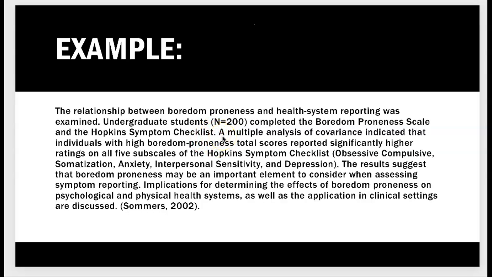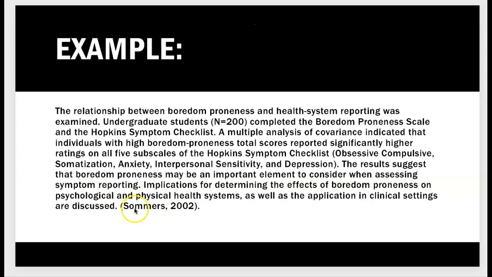Then you want to discuss your results. Well, it concluded that the covariance of individuals with high boredom proneness total scores reported significantly higher ratings on all 5 subscales of the Hopkins symptoms checklist, etc. And that these results suggest that boredom proneness may be an important element to consider when assessing symptom reporting.